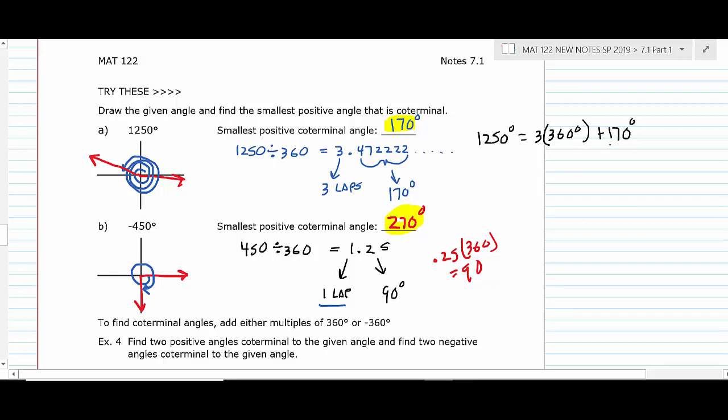We're just breaking it up like that, where that gives you the laps, and then that's the extra angle that you're left over with. And then also on the negative 450, we really have 1 lap around clockwise, and then plus negative 90. All right, so that's all you're doing with that calculation.